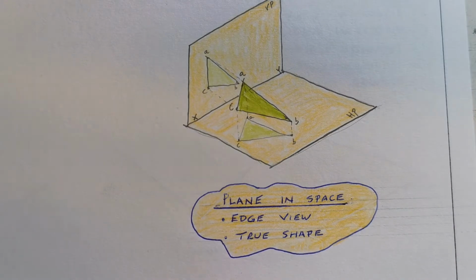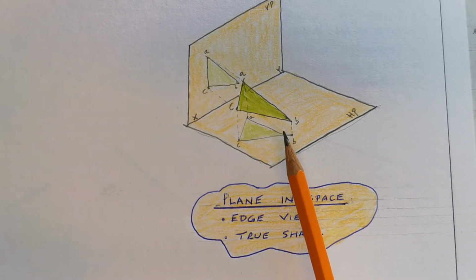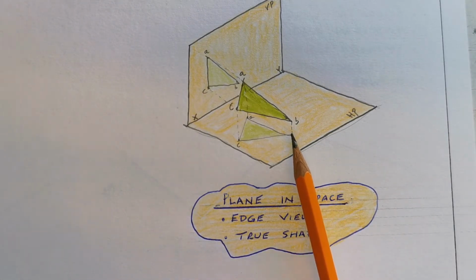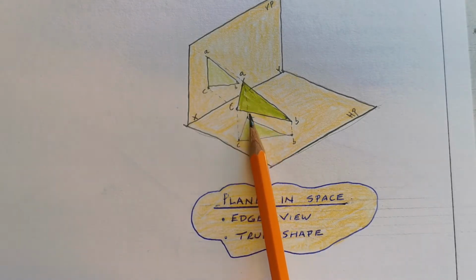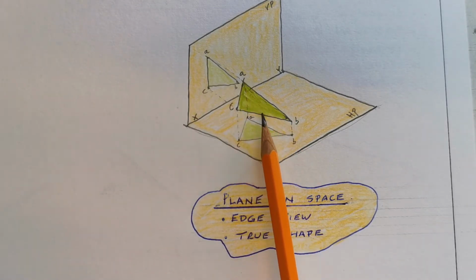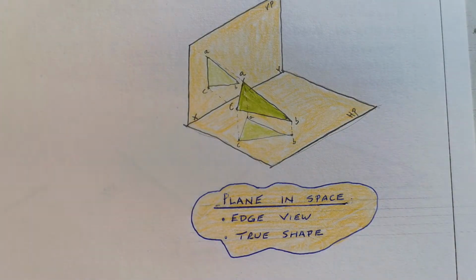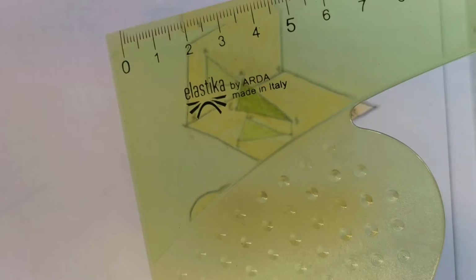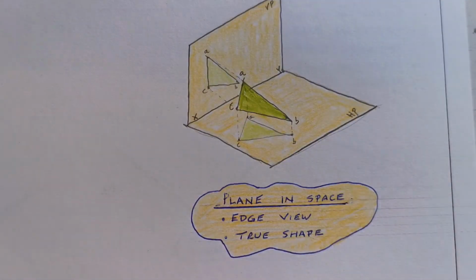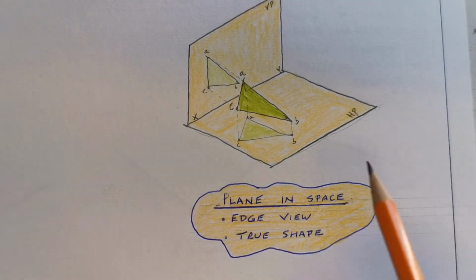Today we're going to have a quick look at a topic that comes up a lot and causes a fair amount of grief and hardship, I think, to some people, and that's looking at what I would call a plane in space. It is a bit like having a set square, like a green set square there, suspended in midair.